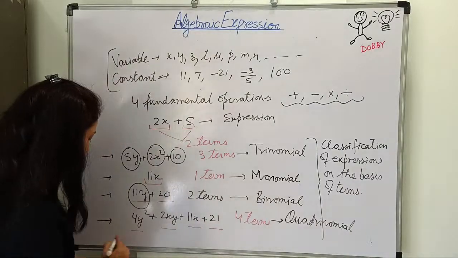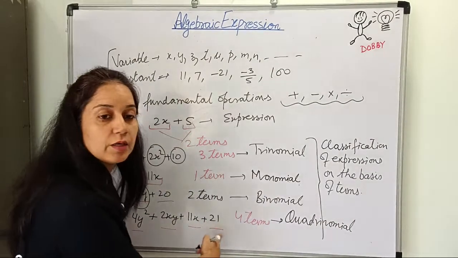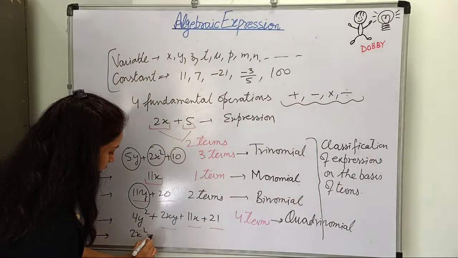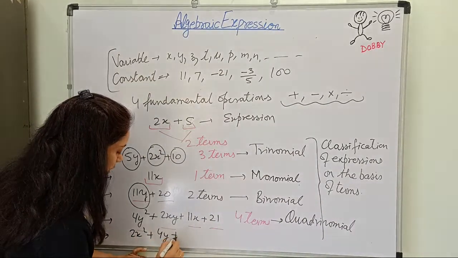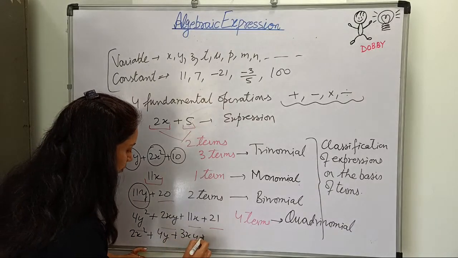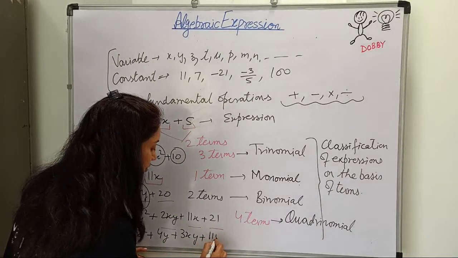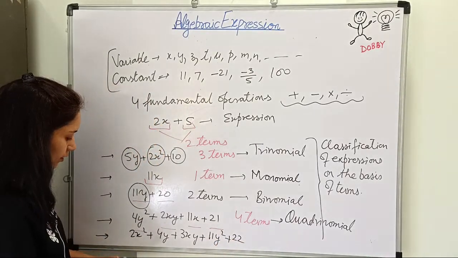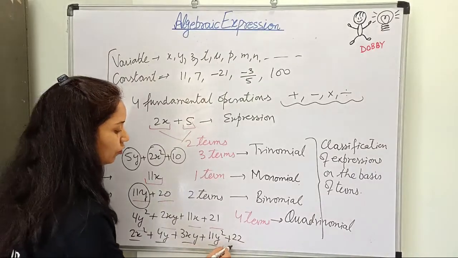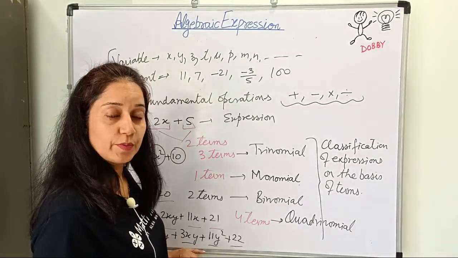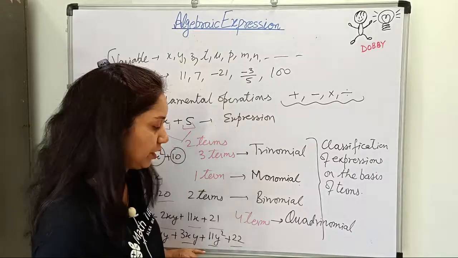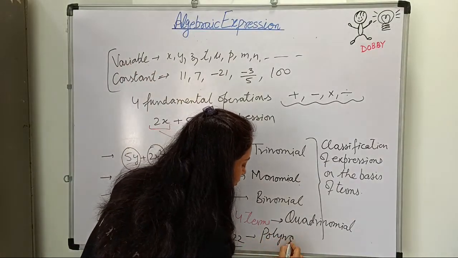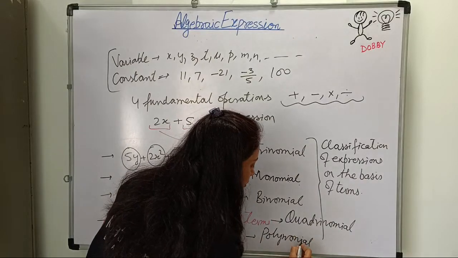And the expression which is having more than 4 terms. Let us take 2x square plus 4y plus 3xy plus 11y square plus 22. How many terms are there? 1, 2, 3, 4, 5. Now the expression having more than 4 terms is known as polynomial. It's a common term now.